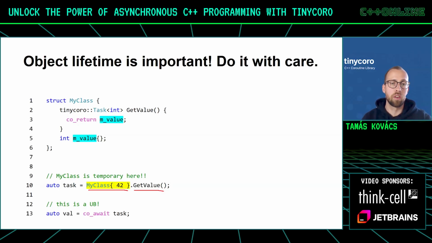Of course, as you can already see from this example, this is undefined behavior because my task is a temporary task and will be destroyed after line 10. And in line 13, if we try to co_await this task, the underlying my class is already gone.